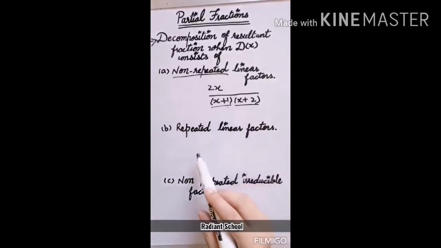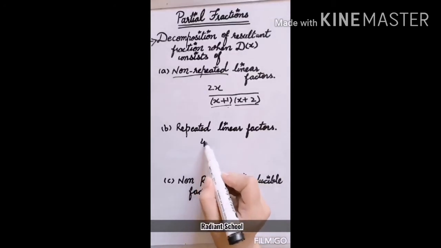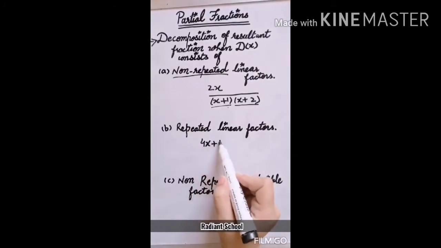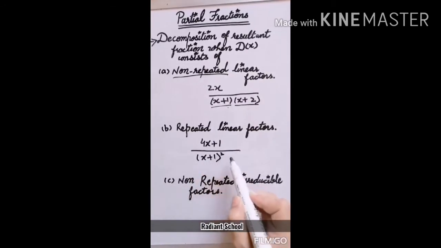The second type is repeated linear factors. If you have the expression 4x plus 1 divided by (x plus 1) whole square, (x minus 1).